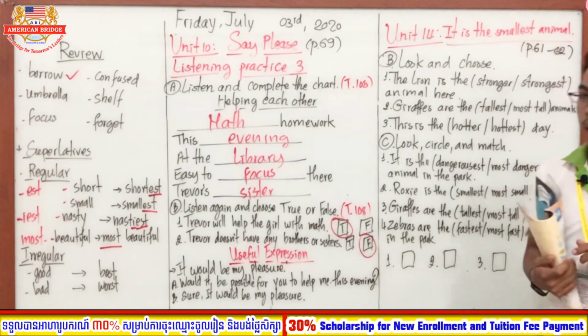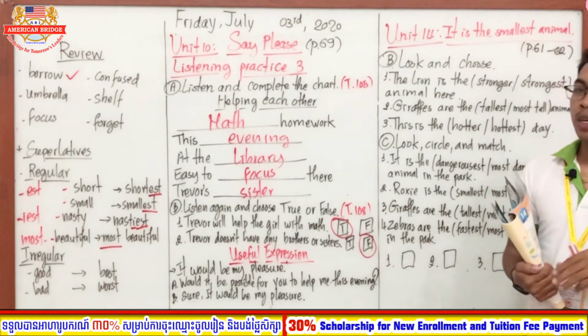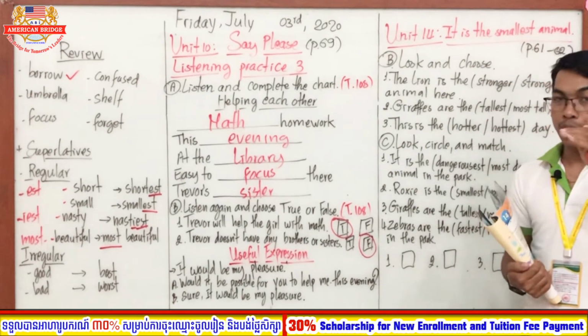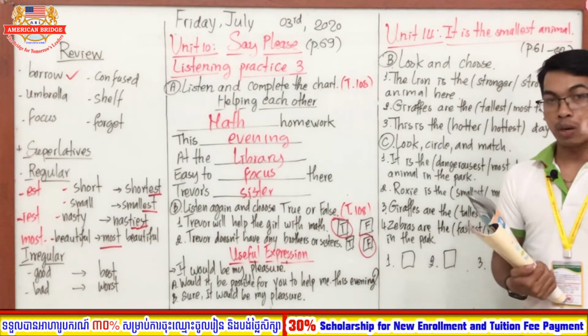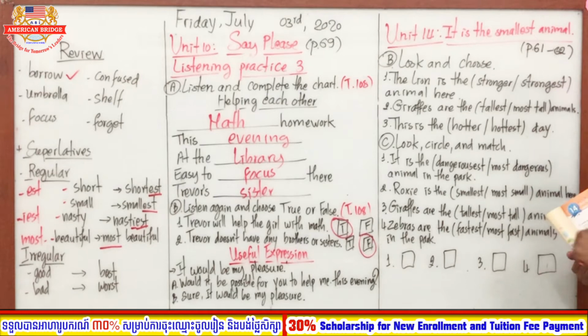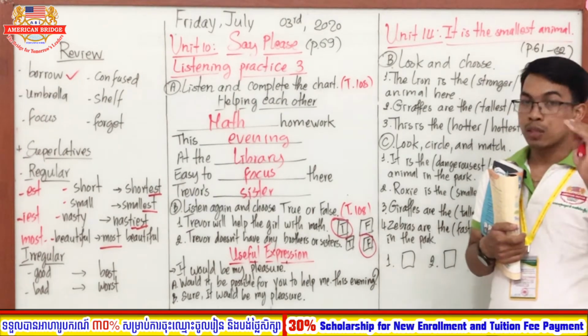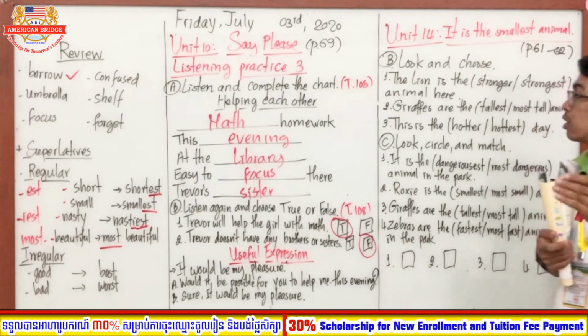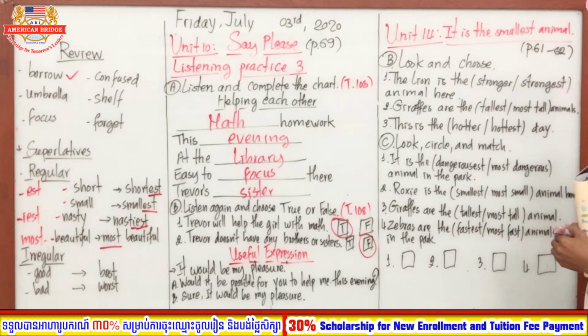Based on what you have learned, do not focus on the comparative adjective. We focus on the superlative adjective. Number one, you have to choose the correct answer. Look and choose.